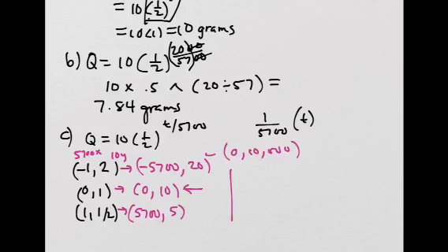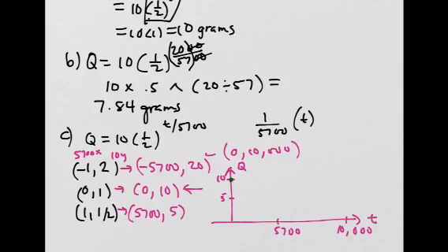So it's going to be something like this. This is Q, this is T, and so I'll make this 10, so that makes this one 5. So 0, 10, and then 5700 would be about, just putting it somewhere, and then 10,000 would be maybe about here.